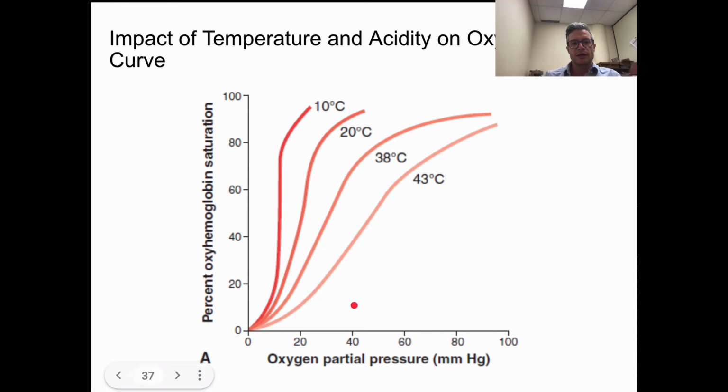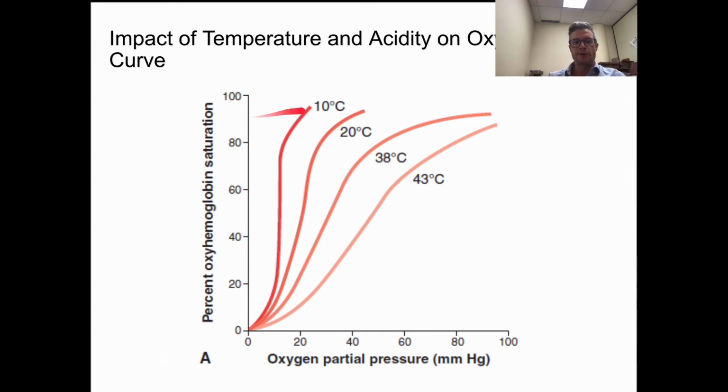So at that lower partial pressure, we have a greater amount of saturation of our blood. So it's holding on to oxygen more. And if our metabolism is slower, that's an okay thing. But again, going up to 40, we can see we're almost fully loaded up there.